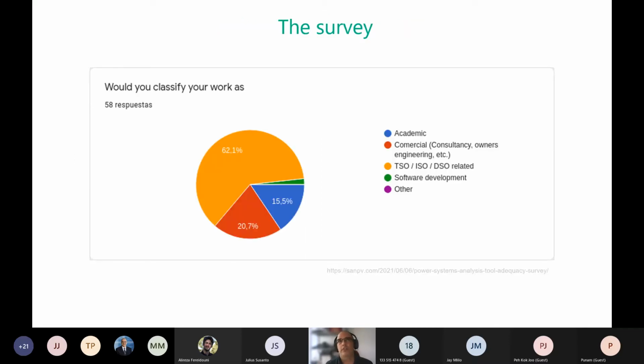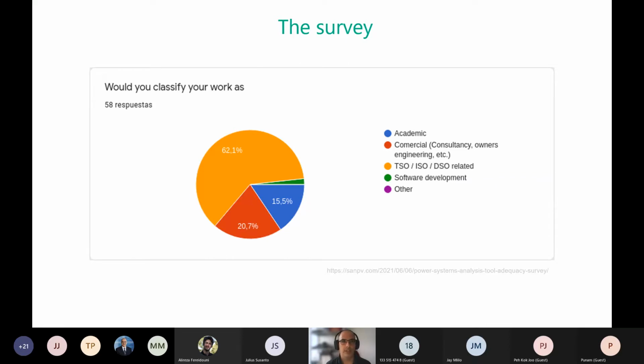So this year, for my MBA, which I just finished, I did a survey. And the survey was about how are we doing with tools in the sector. And the way I tackled the survey was contacting people individually from my LinkedIn network, because I wanted to specifically target people from power system planning and operations from TSOs.